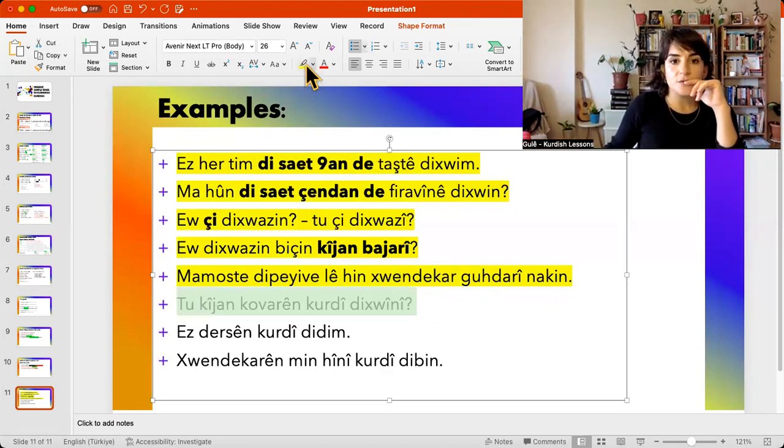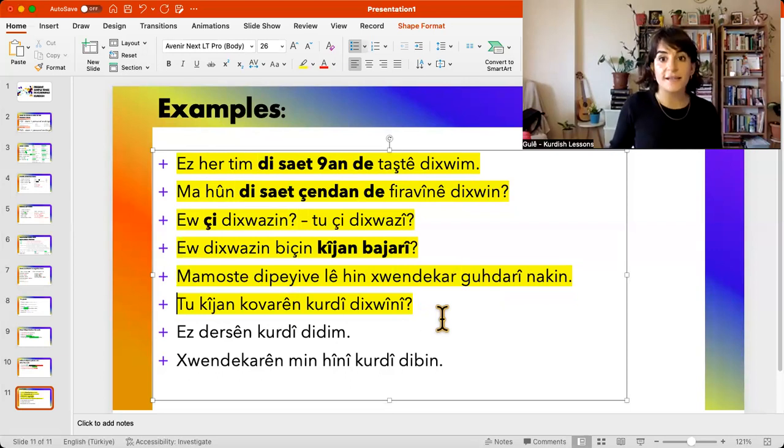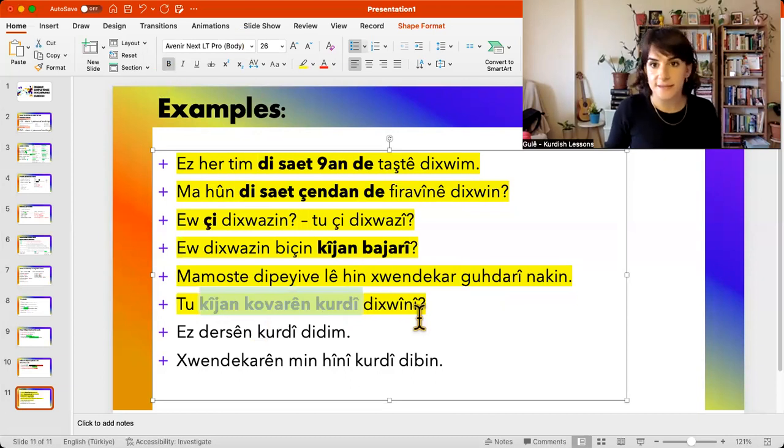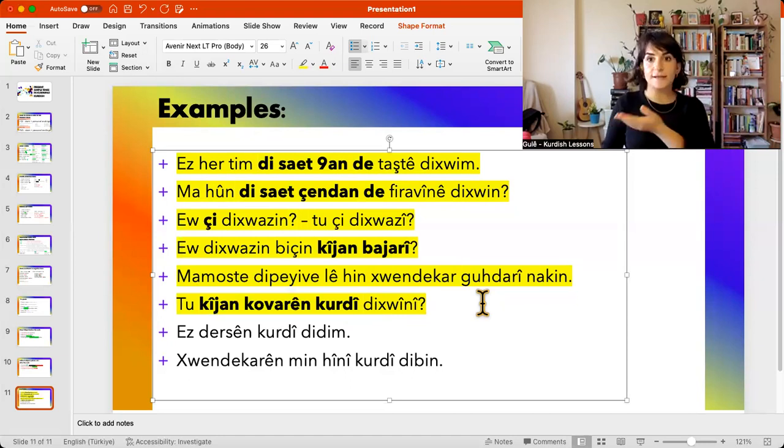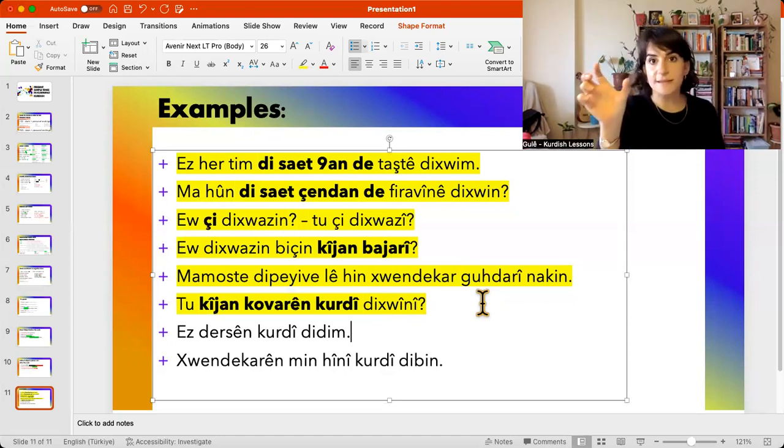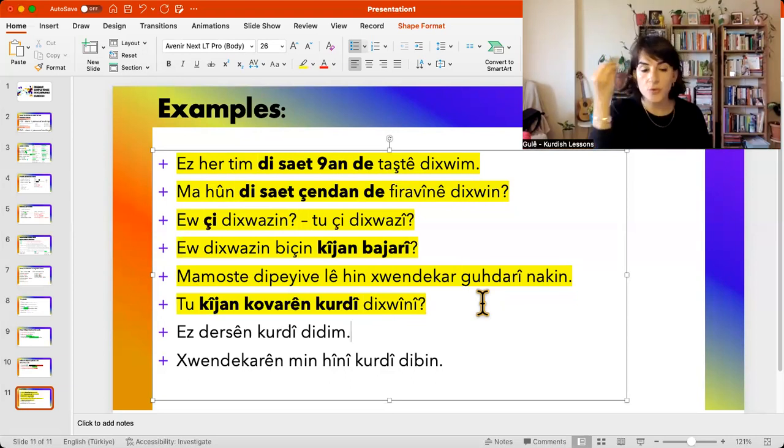Here: "To Kijan kovaren Kurdi dukhini?" So you, which Kurdish magazines do you read? So you see here, Kijan kovaren Kurdi, it's a question, but it's like a direct object, okay?